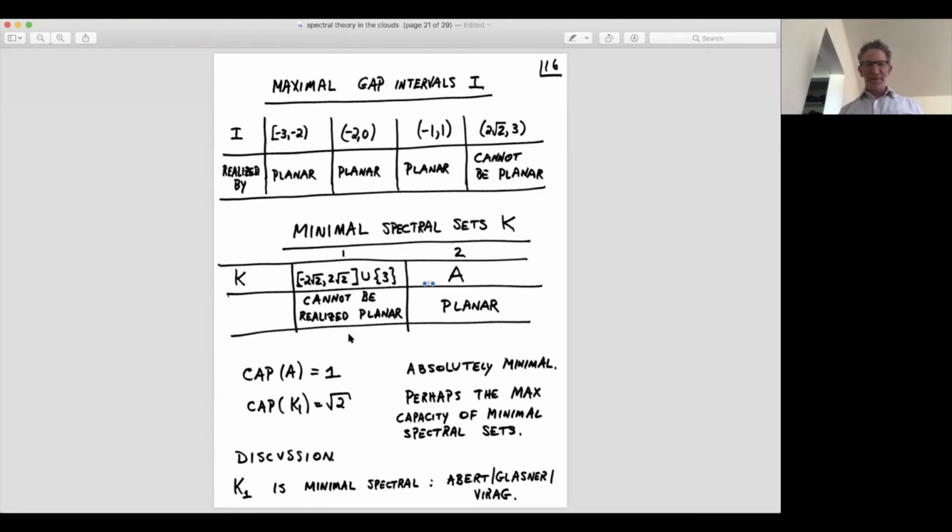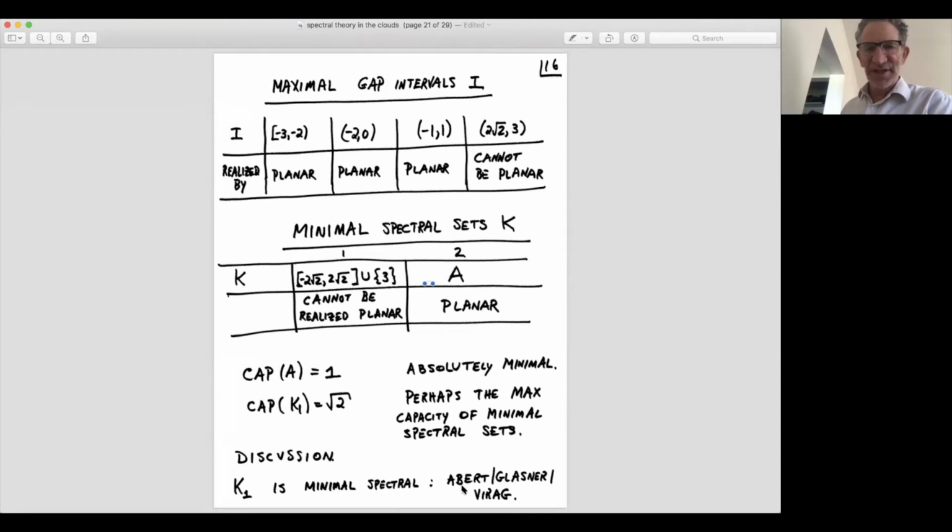All right, so I've explained the minimal capacity, and this discussion that this set here is a minimal spectral set is a beautiful theorem of Hebert, Glasser, and Rugg. So I mentioned the 7 authors that in higher rank, you can never create gaps. These three authors, one of them is common to the 7 and this 3, have the following remarkable theorem.